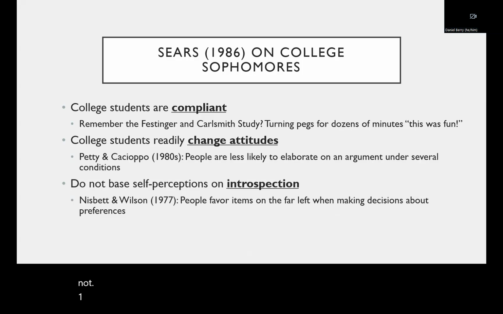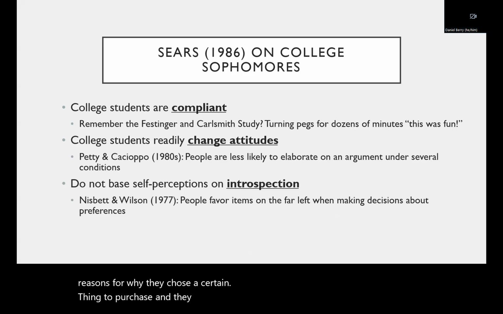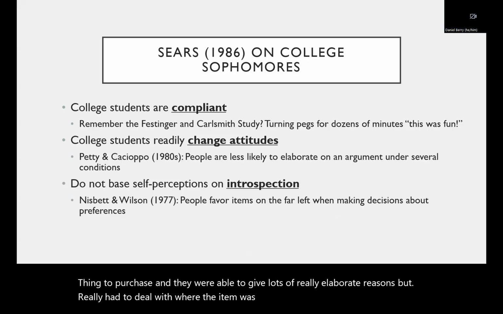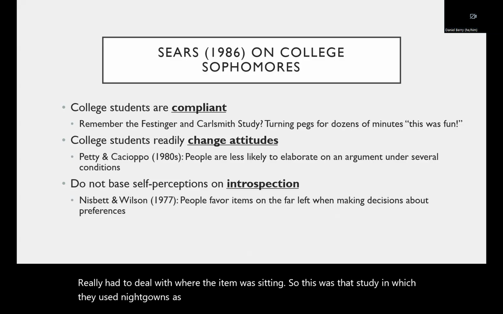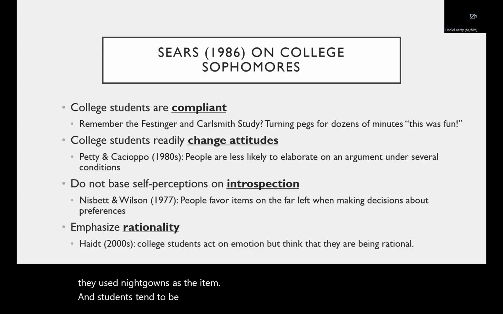One example of this comes from research in which students were asked to give reasons for why they chose a certain thing to purchase, and they were able to give lots of really elaborate reasons, but really it had to do with where the item was sitting. So this was that study in which they used nightgowns as the item. And students tend to think they're more rational, but they're really not.